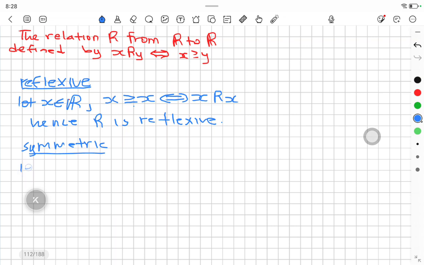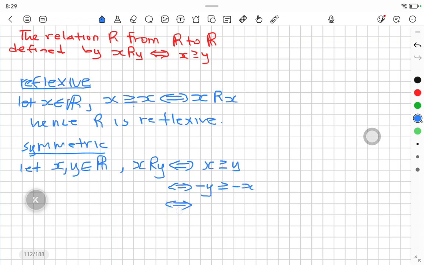I need two elements. And then I take the definition as it is. The definition says x is related to y if and only if x is greater or equal to y. Remember, after taking the definition, we need to commute. So I'm going to commute this. And then I divide both sides by negative, and the sign will change.